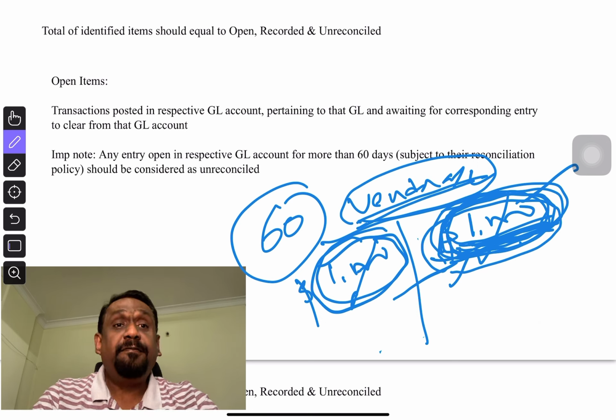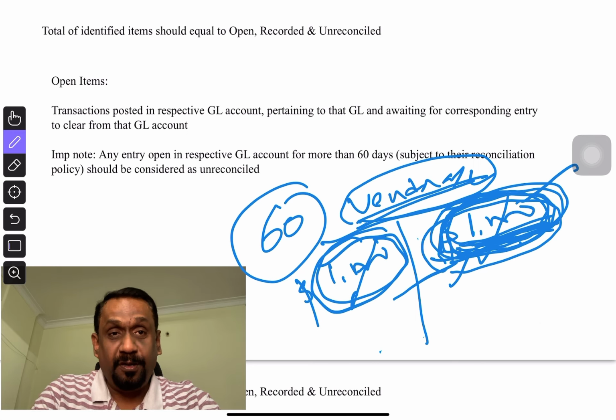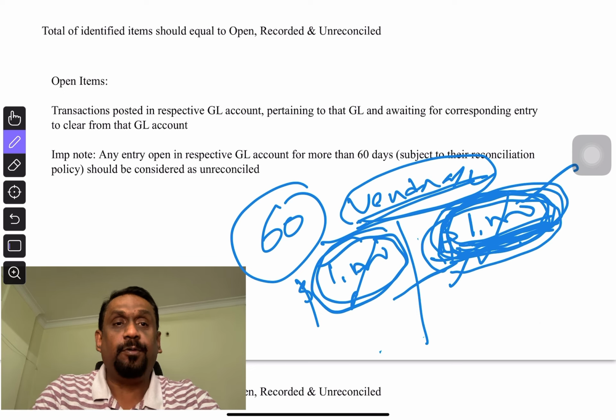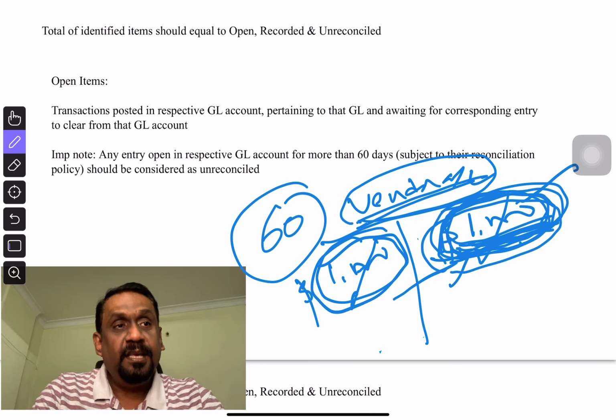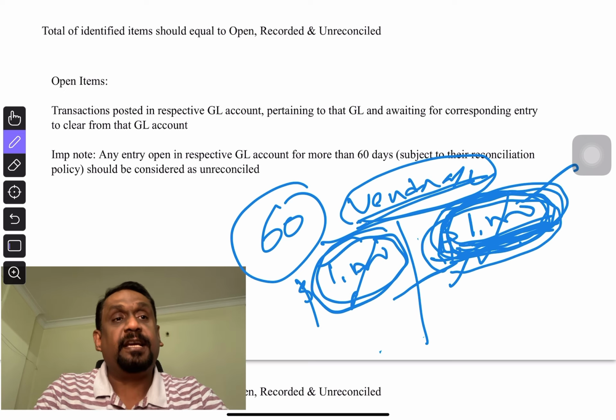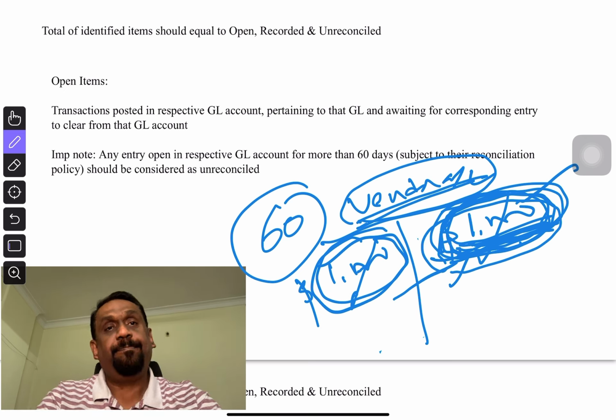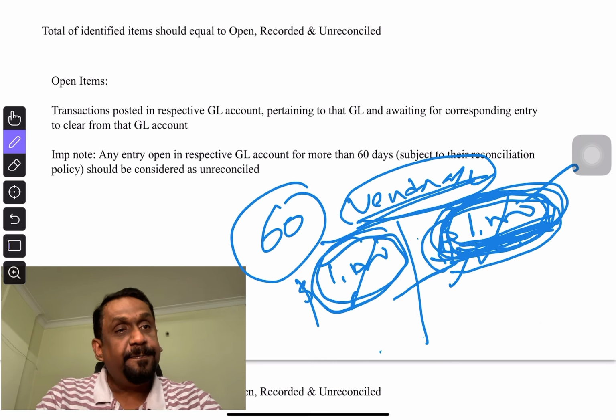Your relative is your open item because you do not know when he is going to leave, and you cannot ask him at that particular moment when are you going to leave. You will just wait for his exit. Similarly, this $1,000 posted to this supplier account is treated as an open item till such time you get a corresponding entry. Clear?